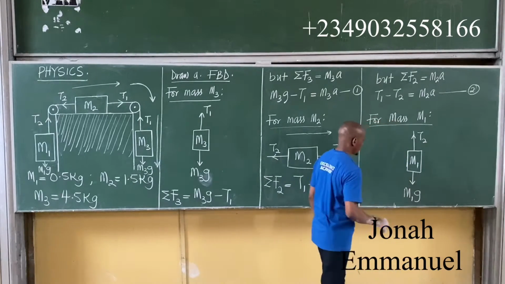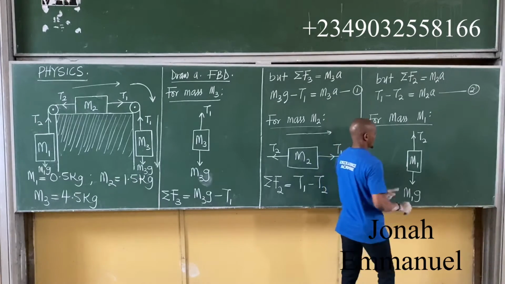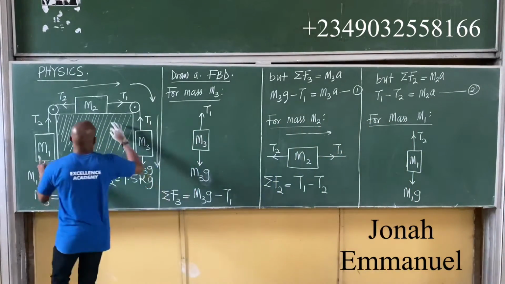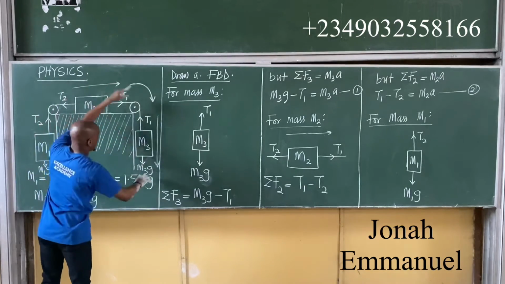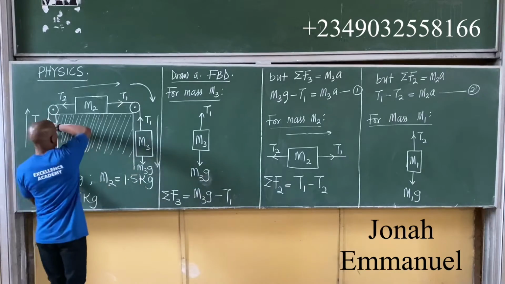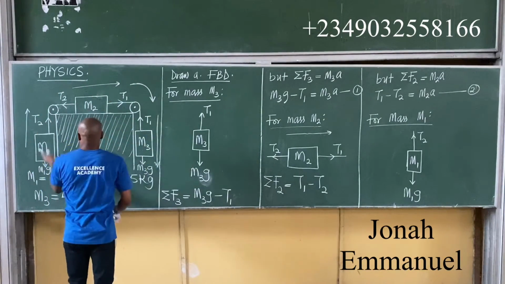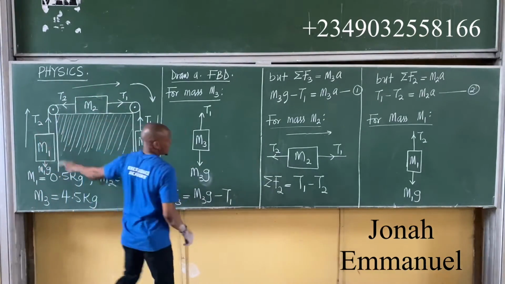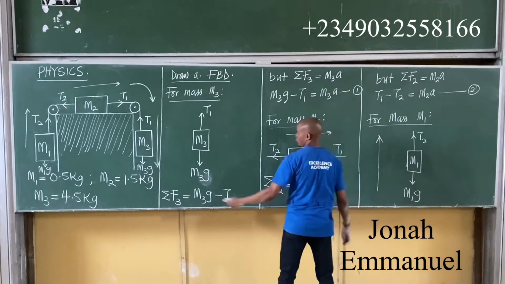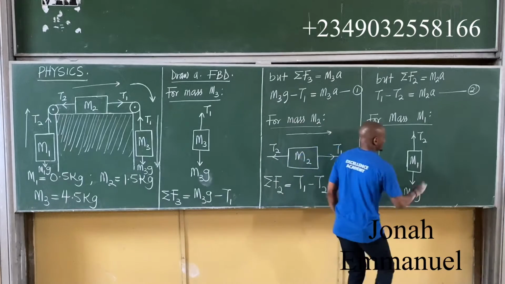If I do the sum of forces here, first of all, note that since this system is going this way, that means M1 is going upwards. So you can go in the clockwise direction, and I'm having this as the upward force. M1 is going upwards.